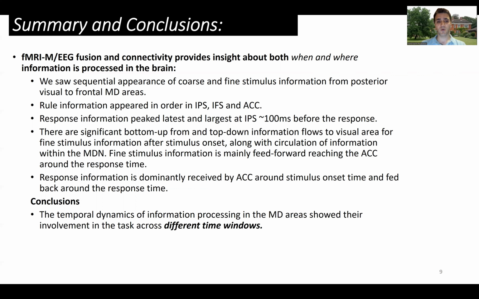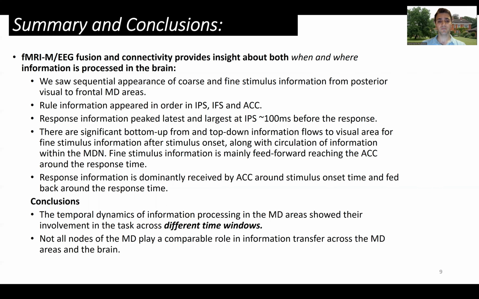So we can conclude that the temporal dynamics of information processing across the multiple domain network suggest that different nodes of the network play differential roles in the processing of information across different time windows of the trial.